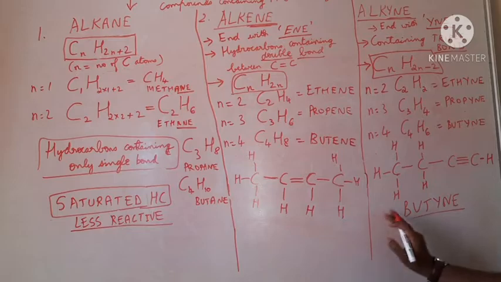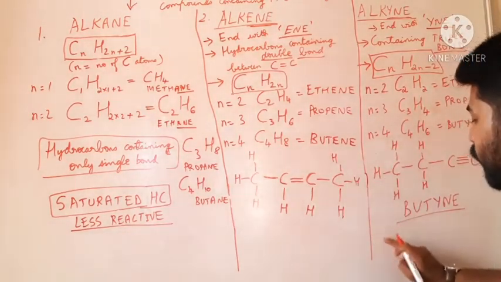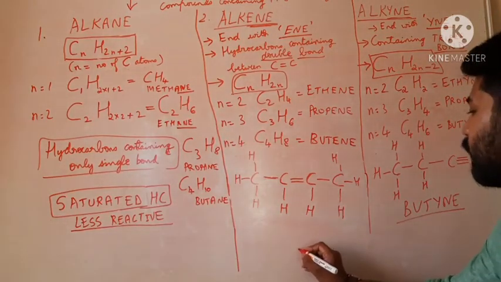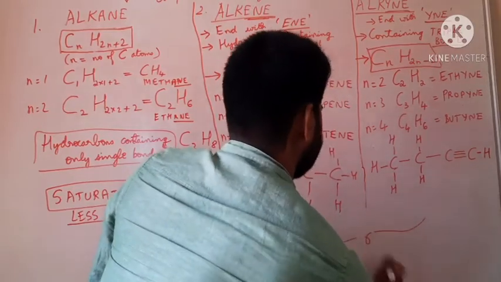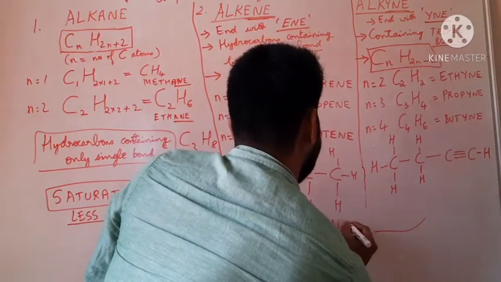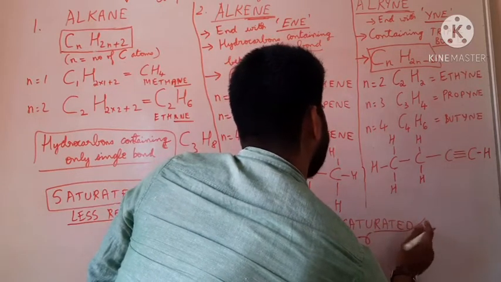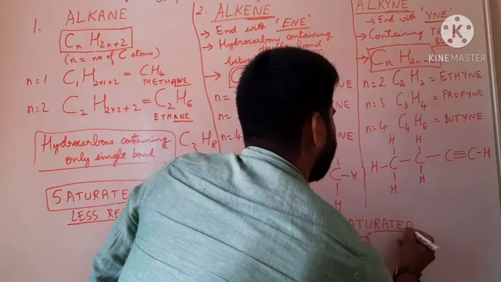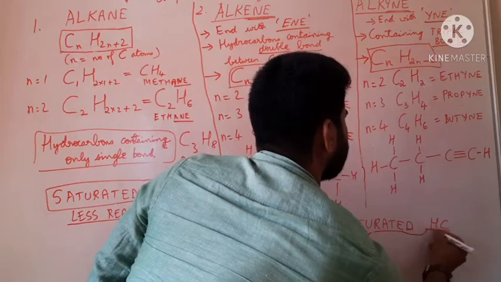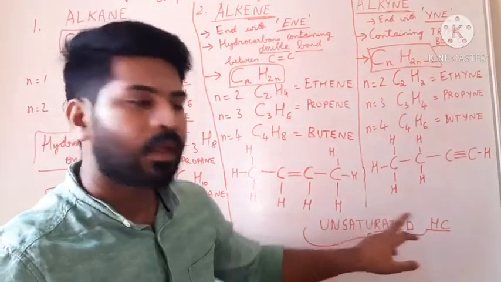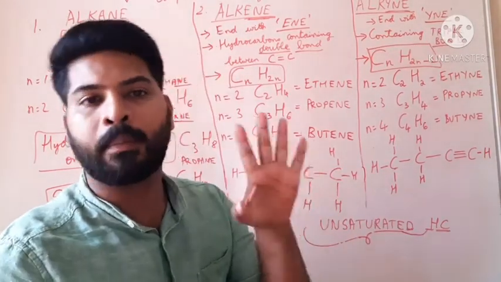So in these 2 cases, alkenes and alkynes, these 2 hydrocarbons are called unsaturated hydrocarbons together. If you are asked to define unsaturated hydrocarbons, these are hydrocarbons containing double bond or triple bond.